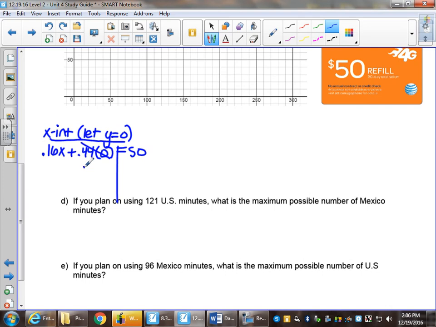So that's gone. And I get 0.16x equals 50. Divide by 0.16. 50 divided by 0.16, we get a decimal, and that's okay. We get x equals 312.5.